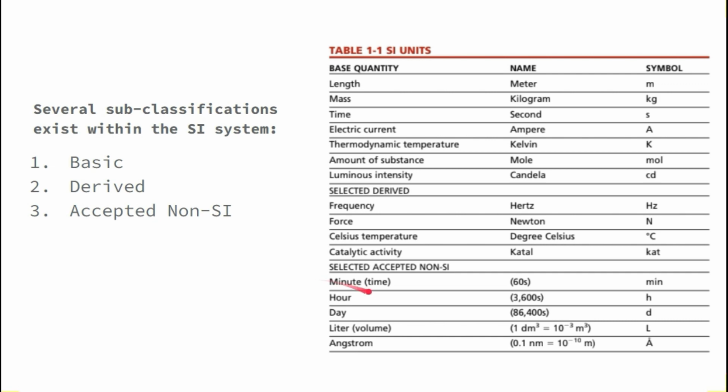A good example of this is minutes, hours, and days. We commonly use those. Even liters, right? Liters are one of the most commonly used units when it comes to volume. And even angstrom. So again, these are the subclassifications in the SI system: basic, derived, and accepted non-SI.